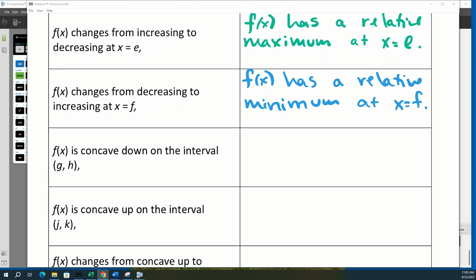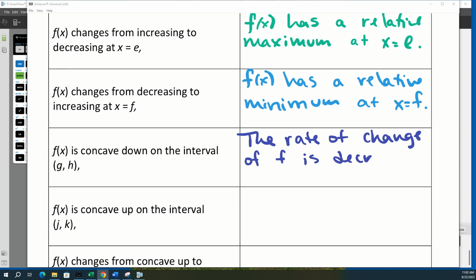F isn't necessarily decreasing. What is decreasing? The rate of change. Good. So the rate of change of f is decreasing because down is decreasing on the interval.